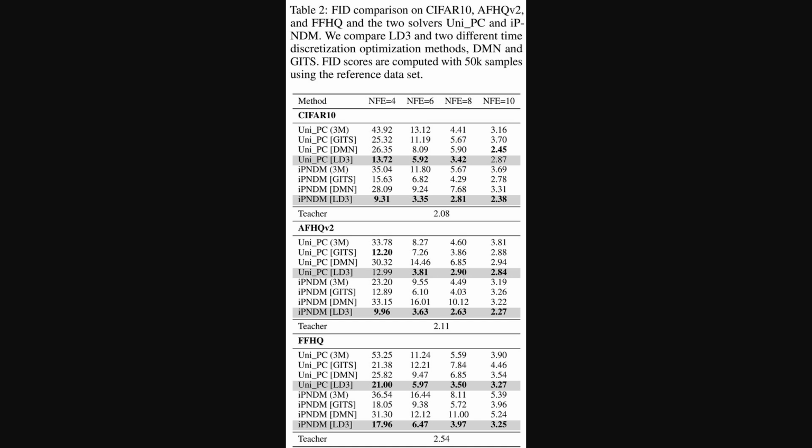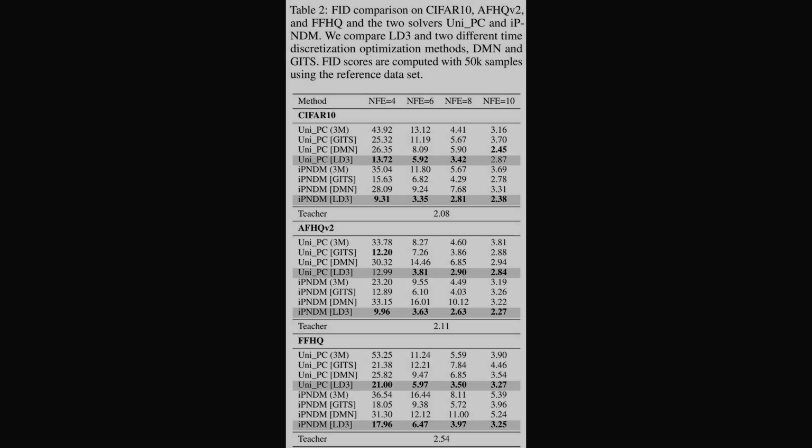Well, notice how LD3 consistently gets the lowest FID, particularly at NFE equals 4. For instance, on CIFAR10 with IPNDM, it drops FID from 35 down to 9.3. This really backs up the earlier claims.